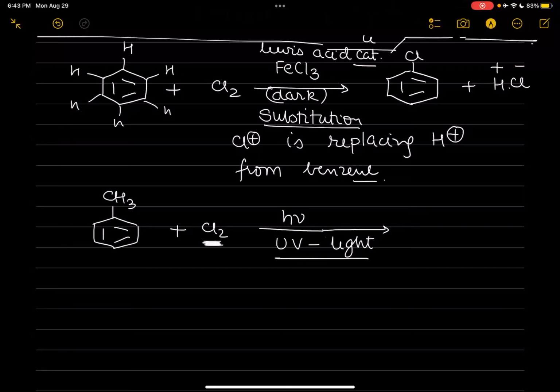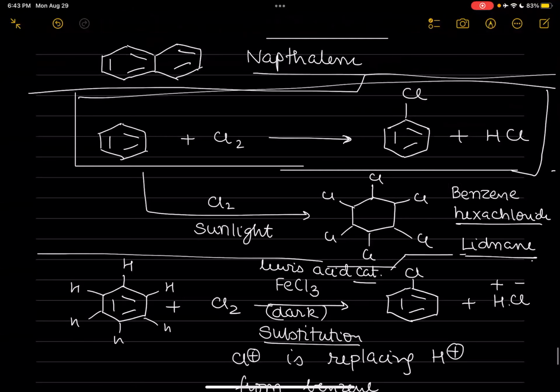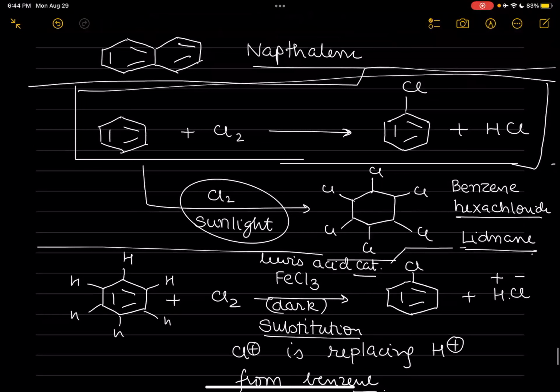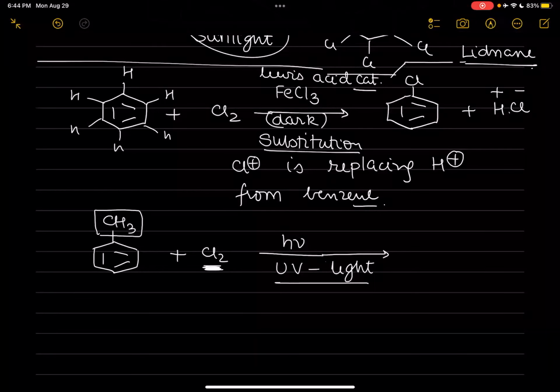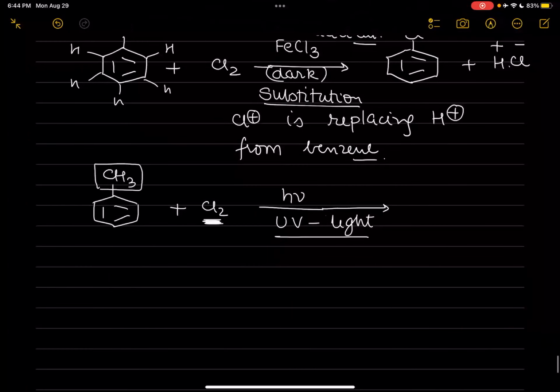Remember one thing: there we attached it to the benzene ring because we did not have any alkyl group. But if we have an alkyl group, in the presence of light the substitution reaction will occur at the alkyl group. Arpit, is it clear? Yes, sir. So photohalogenation means in the presence of light.